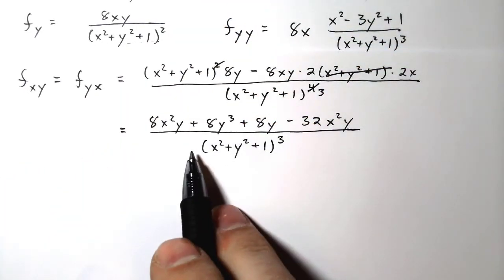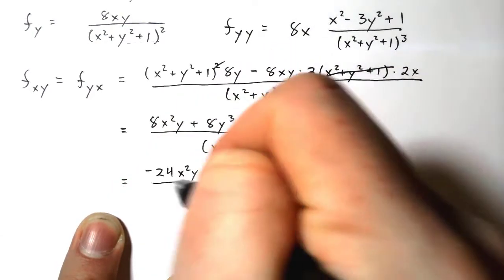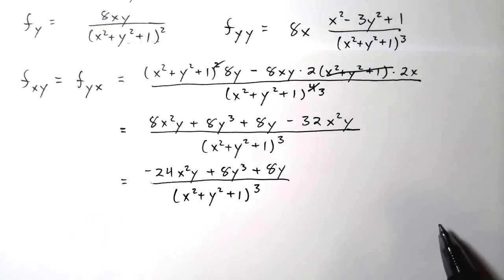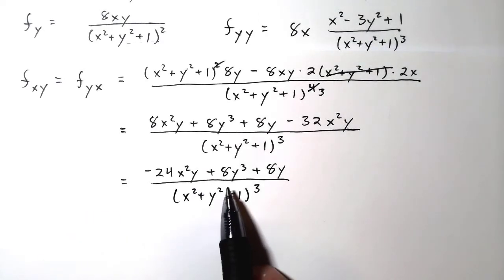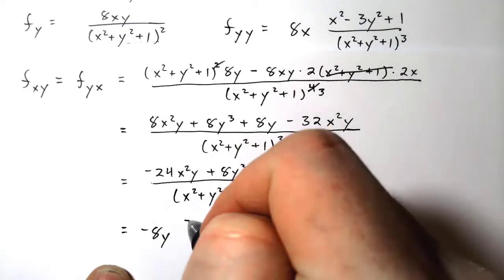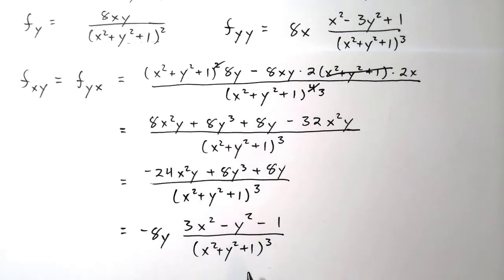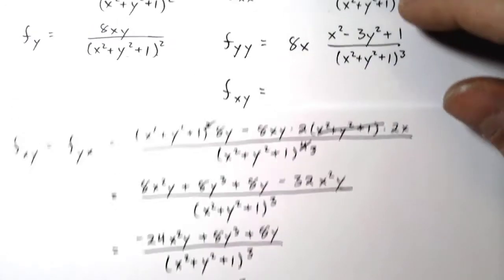All right, and I see we have some like terms we can combine in the numerator. And I think we can factor out a negative 8y. So let's do that. Okay, so here we have fxy. Let's write that up above.